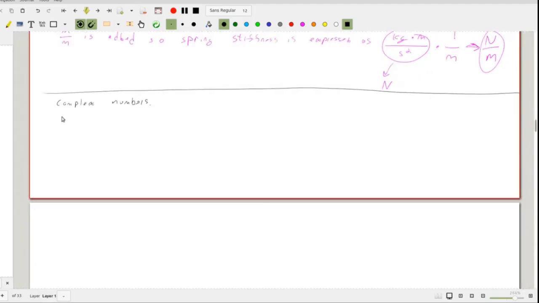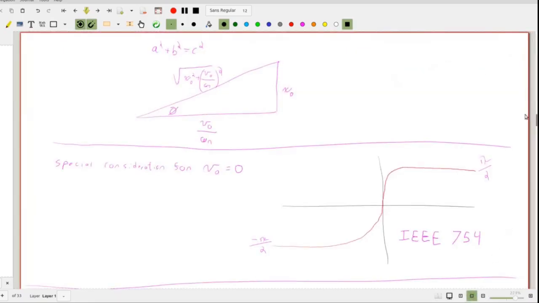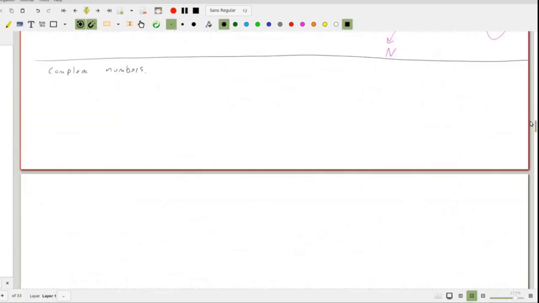So, complex numbers. We want to look at an imaginary number, J, not I in this class.